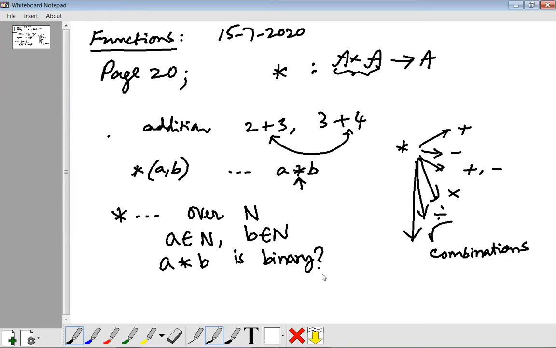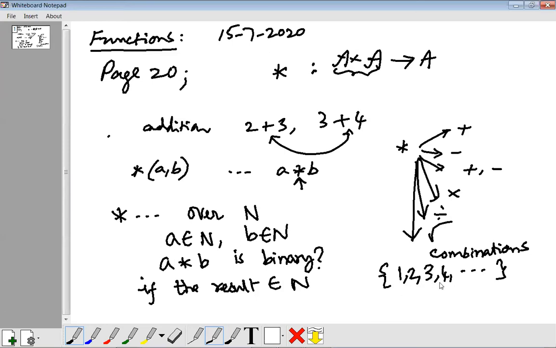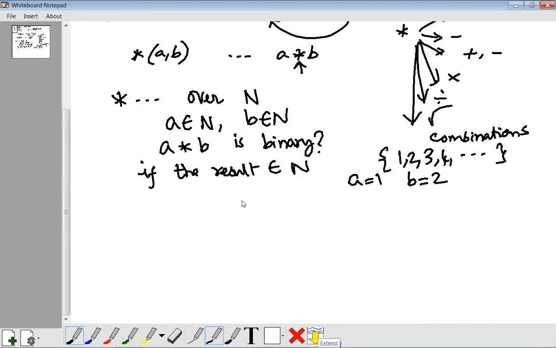We call this binary operation if the result also belongs to N. That is the important thing. So now let us take the natural numbers: 1, 2, 3, 4, and so on. Let's say A equal to 1, B equal to 2. If I have A star B, which means 1 plus 2, that's equal to 3. So 3 belongs to N. Therefore, in our case, star is a binary operation.